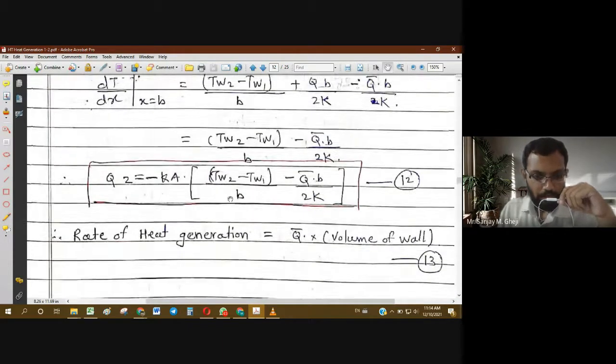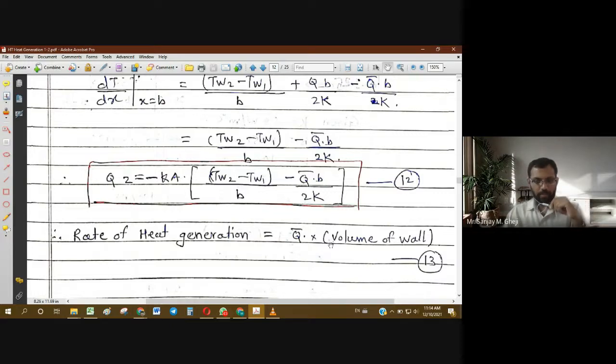To ensure the energy balance, we can do this check: rate of heat generation is equal to q bar into volume of wall. Q bar is the volumetric rate of heat generation, so this is per unit volume, that is for 1 unit of volume, multiplied by the total volume of the wall.